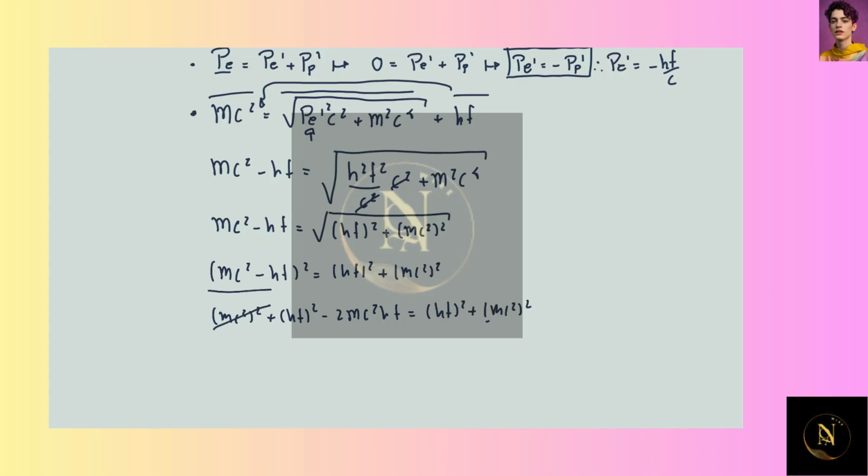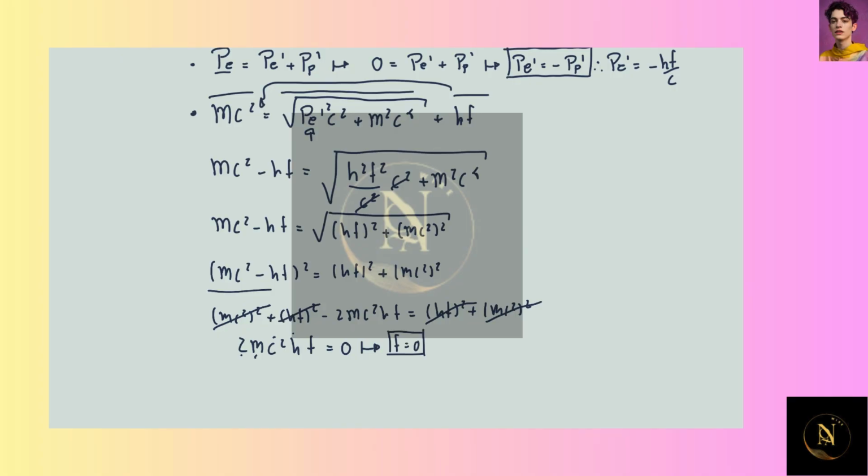This term cancels, this term cancels, this term cancels, and we are left with 2 times m times c squared times h times f equals 0. M is the mass of the electron, it's non-zero. C is the speed of light, it's non-zero. H is Planck's constant, so it's also non-zero. 2 is obviously non-zero, so the only possibility to solve this equation is f equals 0.